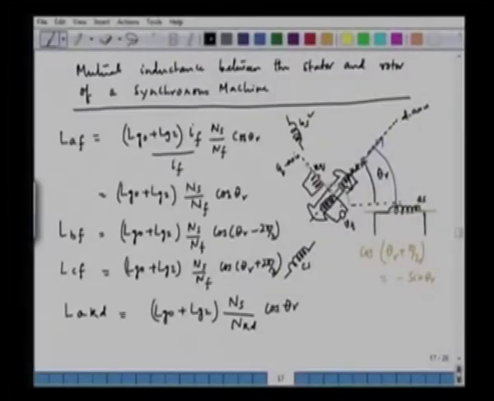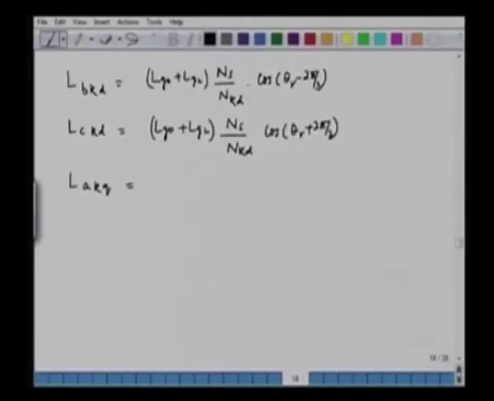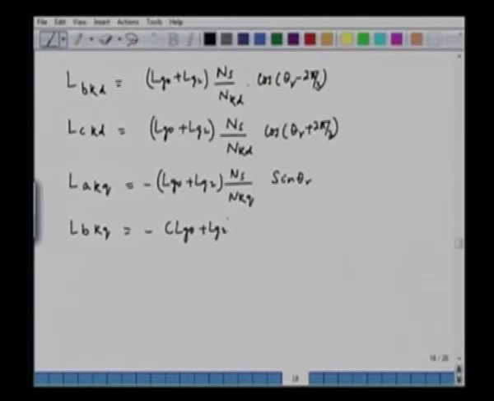So, we can see what is this mutual inductance, that is Lg0 plus Lg2 into Ns by Nkq into sin of theta r with a negative sign. LBKQ is equal to minus Lg0 plus Lg2 Ns by Nkq.